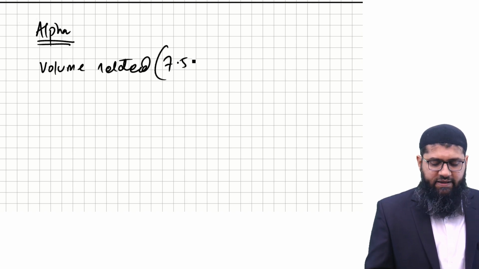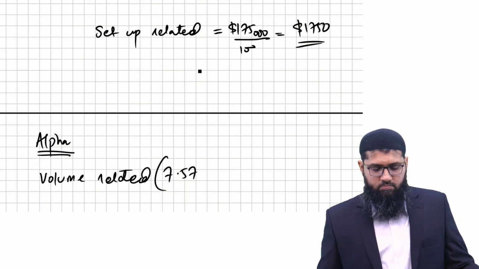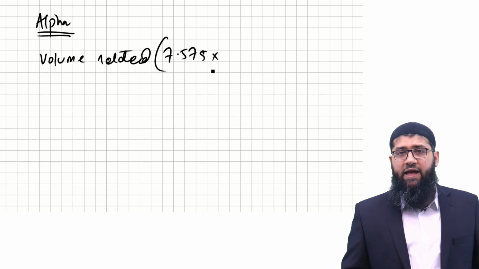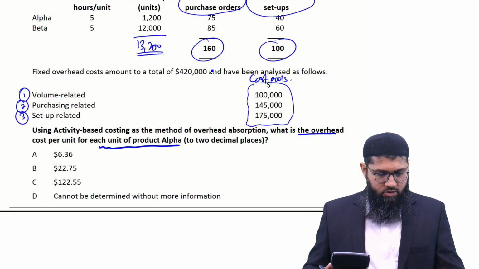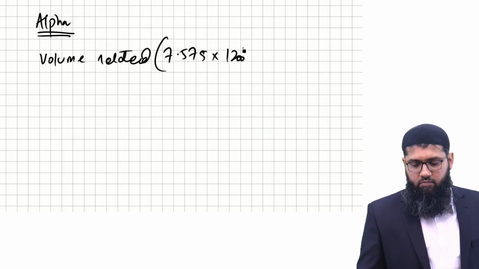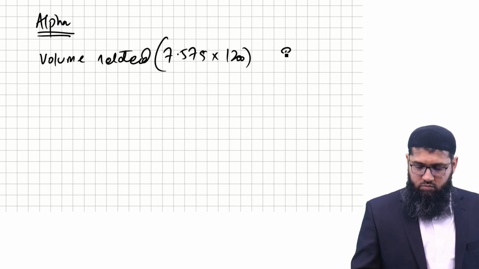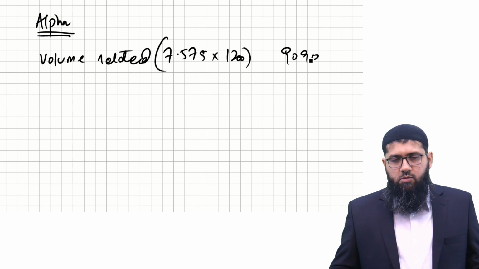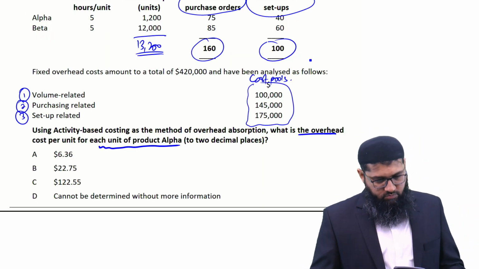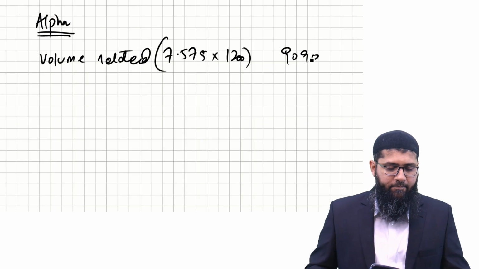Volume related is 7.575 multiplied by, what? Multiply by 1200. This gives you 9090. Then you have got purchase order related cost, right?